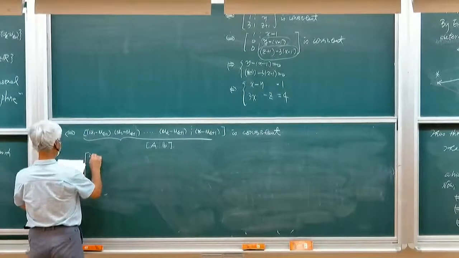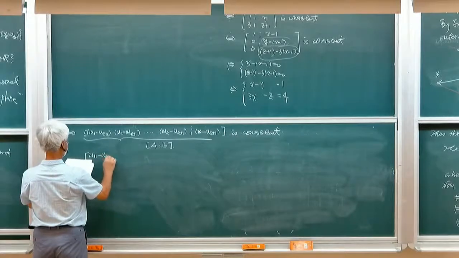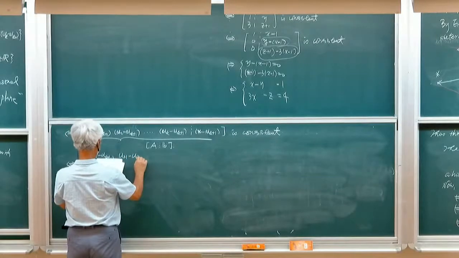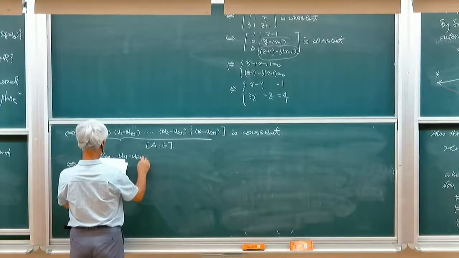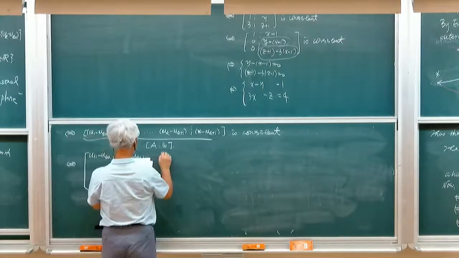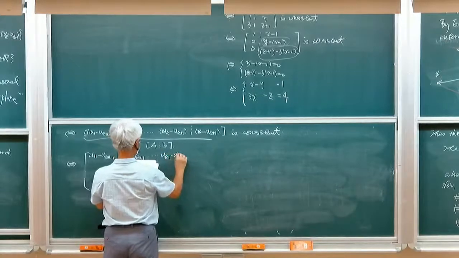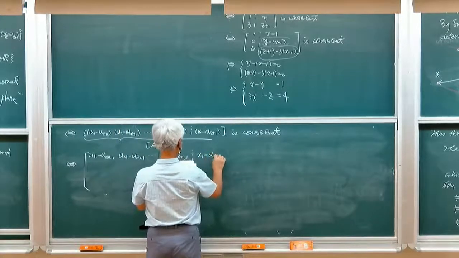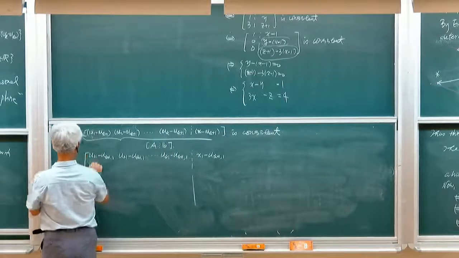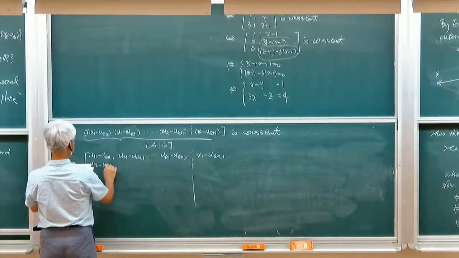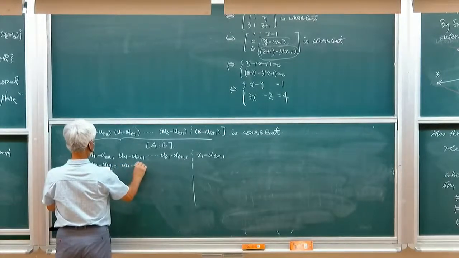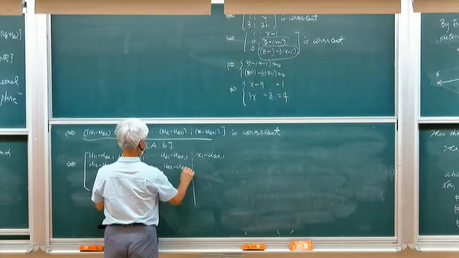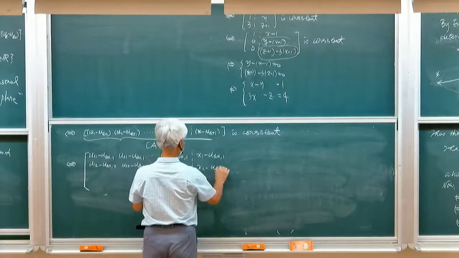Okay, so here is u11 minus u(k+1),1, u21 minus u(k+1),1, up to uk1 minus u(k+1),1, and x1 minus u(k+1),1. Then u12 minus u(k+1),2, u22 minus u(k+1),2, uk2 minus u(k+1),2, x2 minus u(k+1),2.